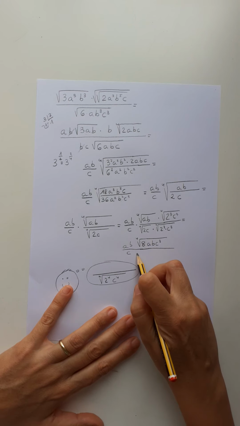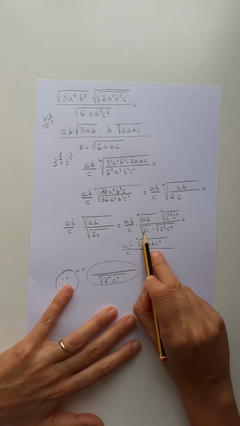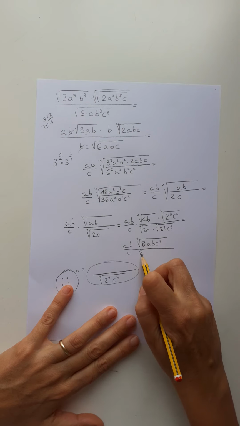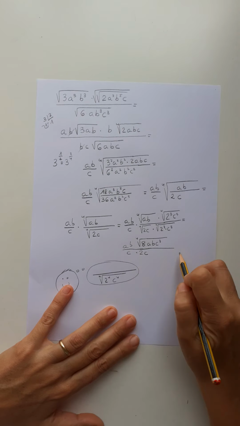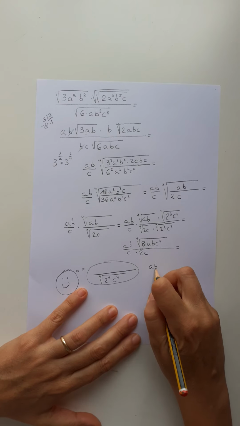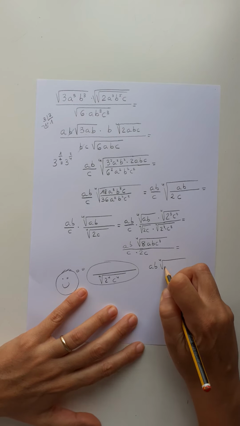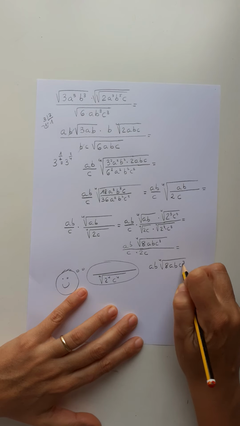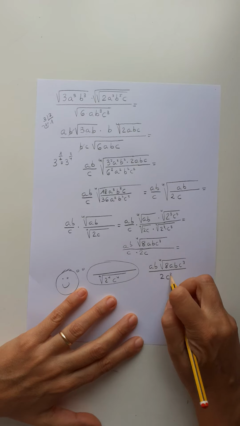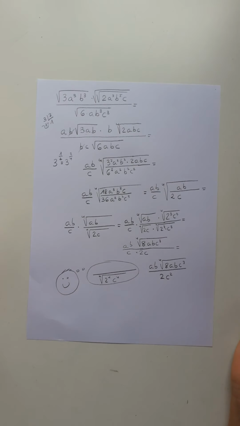And here I would have 2 to the power of 4, c to the power of 4. So the result is 2c. Ta-da! The radical has disappeared. So ab, 4th root of 8abc cubed over 2, and I put these two factors together as a power. And this is the end.